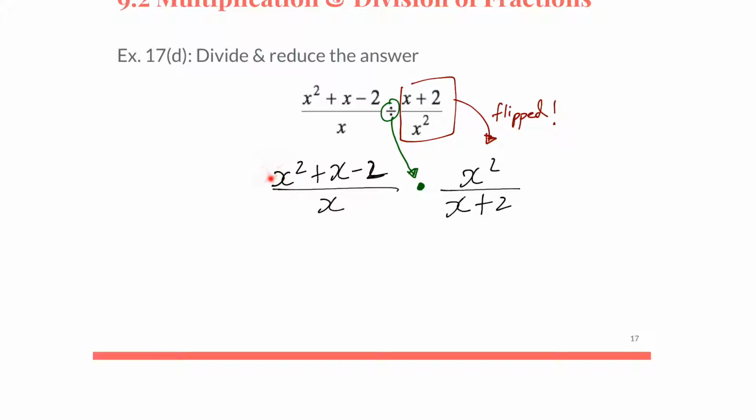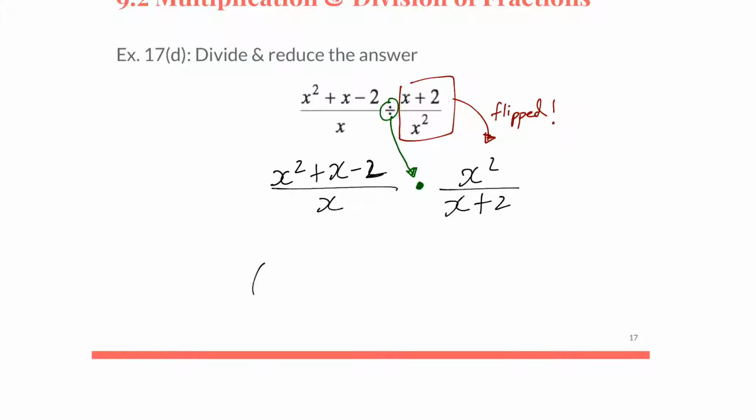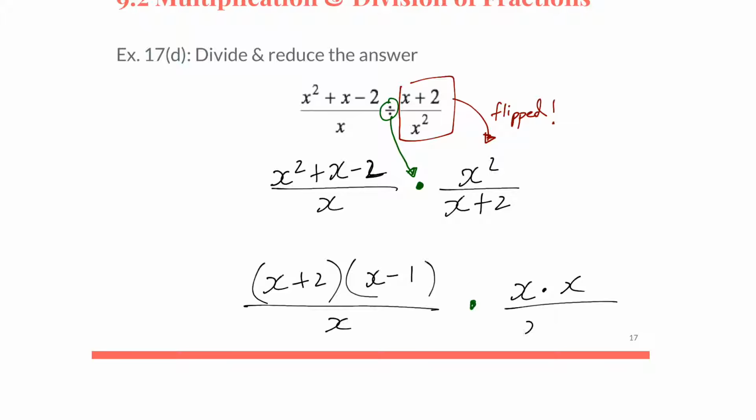And because the number in front of x squared is 1, you can directly go into factored form, and you could say x plus 2 and x minus 1. Multiplied by, I can write x squared as x times x over x plus 2. And this is where we now begin to cancel out stuff.